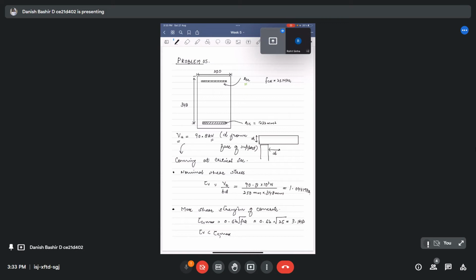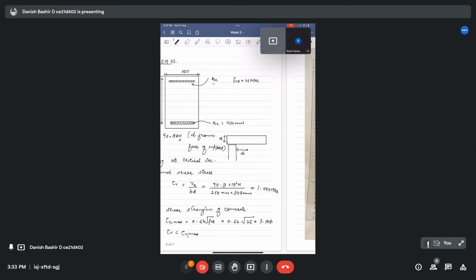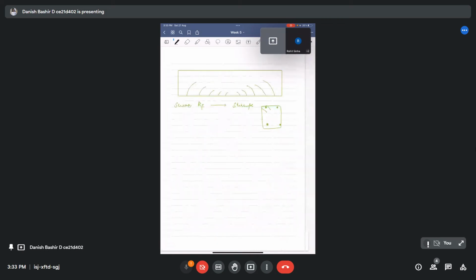Now, the Ast that is being provided here is 1232 mm square. This step is a calculation of shear strength of concrete. So what will be the pt? It is Ast by bd into 100.